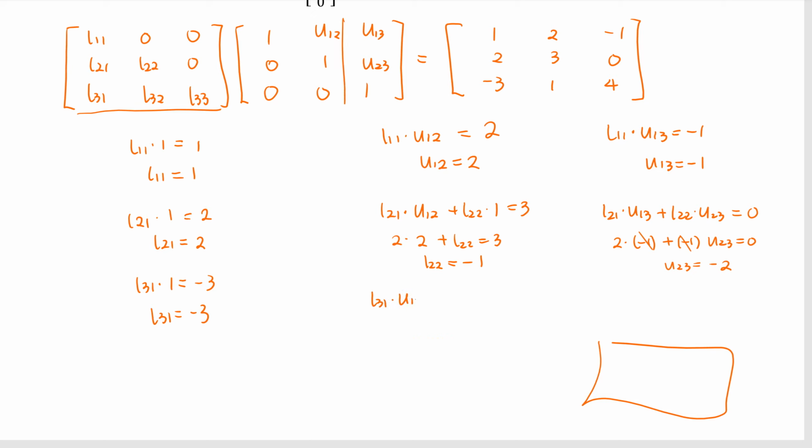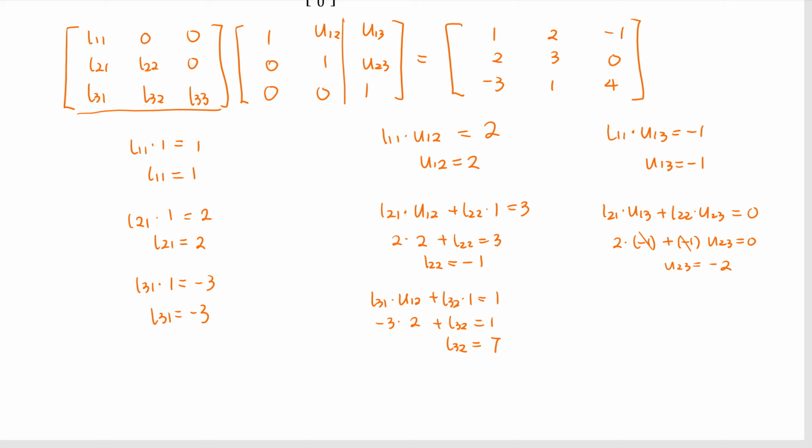L31 times U12 plus L32 times 1 equals 1. L31 is negative 3, U12 is 2, and then L32 is 1. So L32 is, well, that is negative 6. Move to the right, becomes 6. 1 plus 6 is 7.